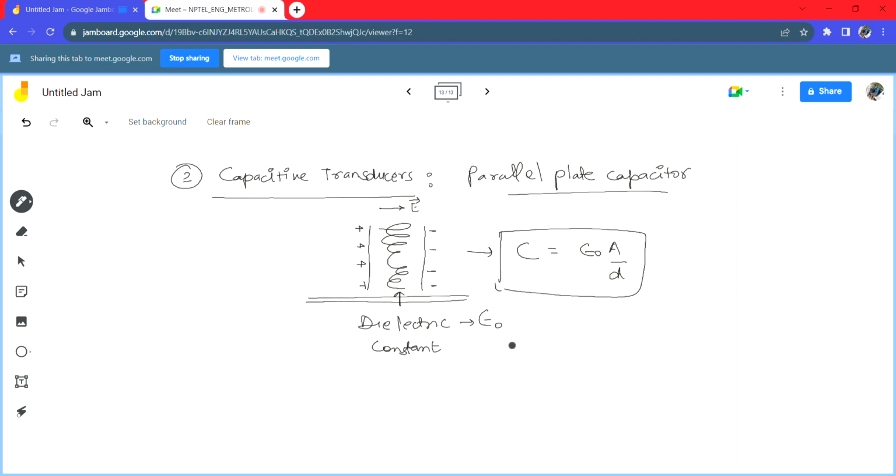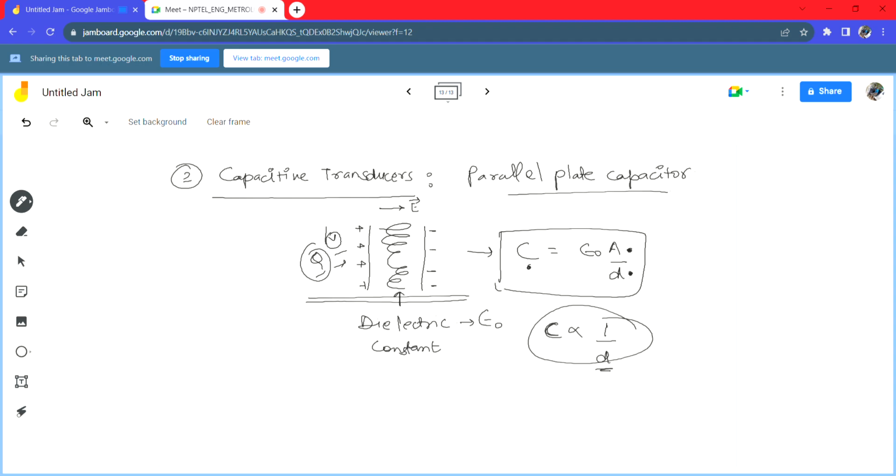Now again, we see that this capacitance C is dependent on the plate area A and the distance D. So we can say that C is inversely proportional to D. Now let us not focus here on the charges Q and the voltages, because eventually what we have to find is a relation of length with the value.